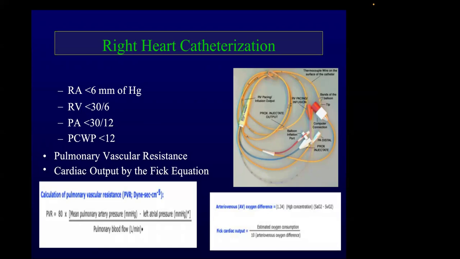Then Fick cardiac output is the estimated oxygen consumption divided by 10 times the arteriovenous oxygen difference. And here is the calculation of the pulmonary vascular resistance: 80 times mean pulmonary artery pressure in mm of Hg minus left atrial pressure, divided by pulmonary blood flow.